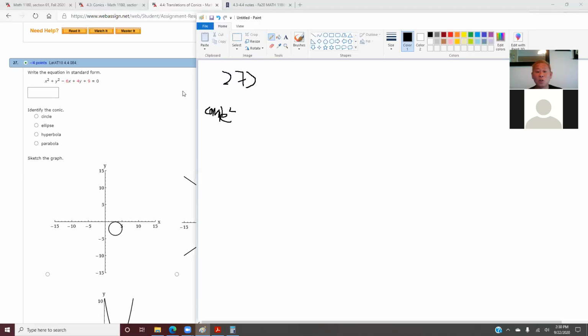So first thing what I usually do here in this part is I will do separation. I will put all the x first, then followed by the y, and then the equal sign, and then I'll put all the numbers on the other side. So for this question number 27, I will put all my x's on one side. So x squared minus 6x.